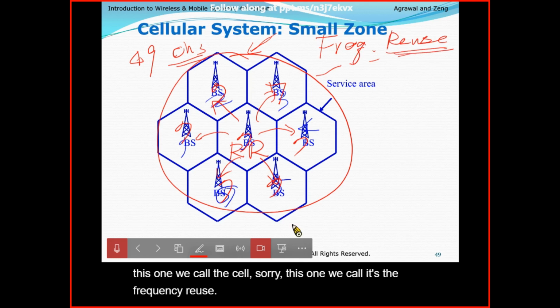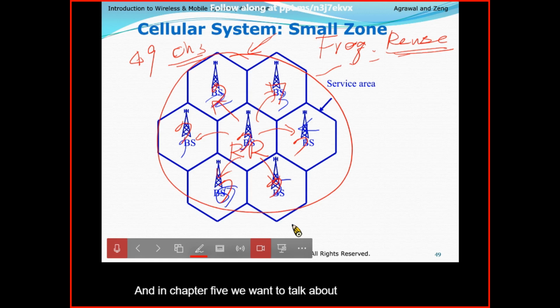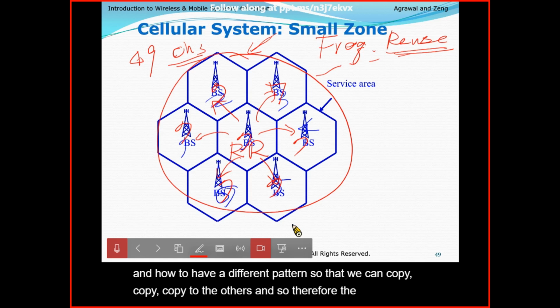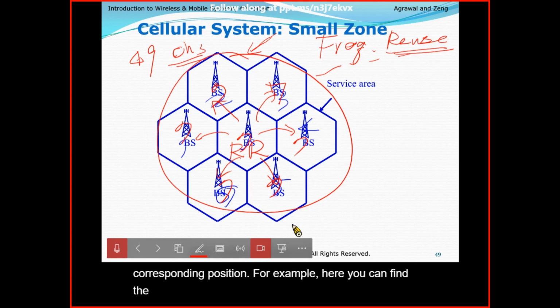In chapter 5, we will talk about frequency reuse and how to have different patterns so that we can copy to the others. For the corresponding position, for example here, you can find the corresponding position. And the 7 channels can be reused by the others.